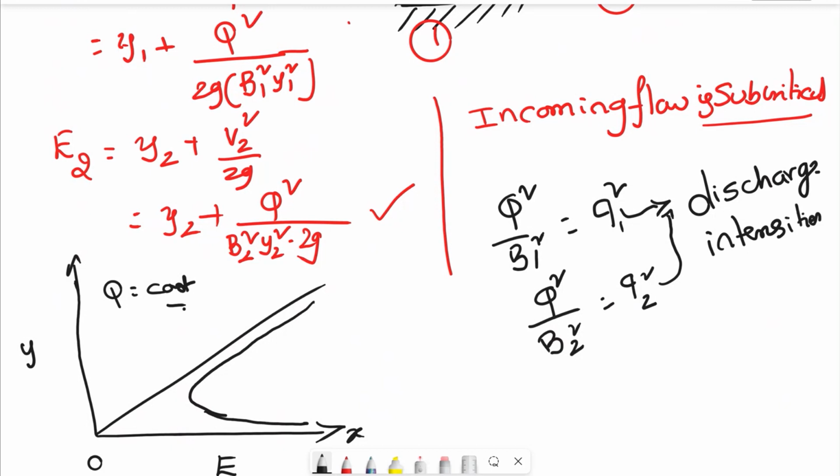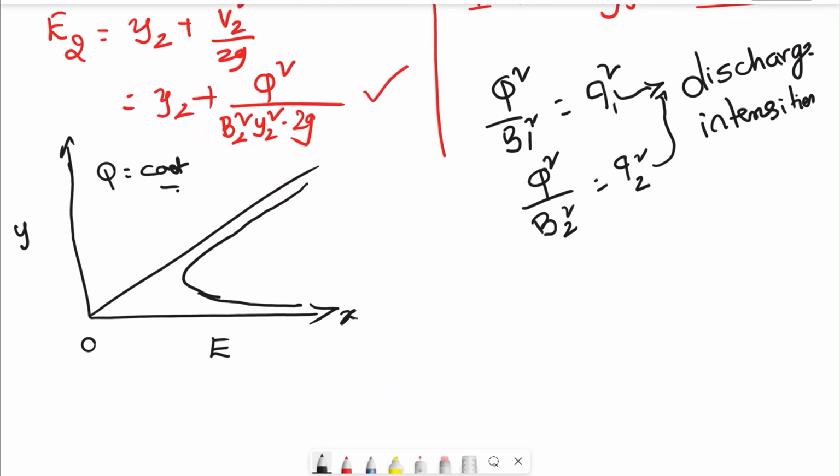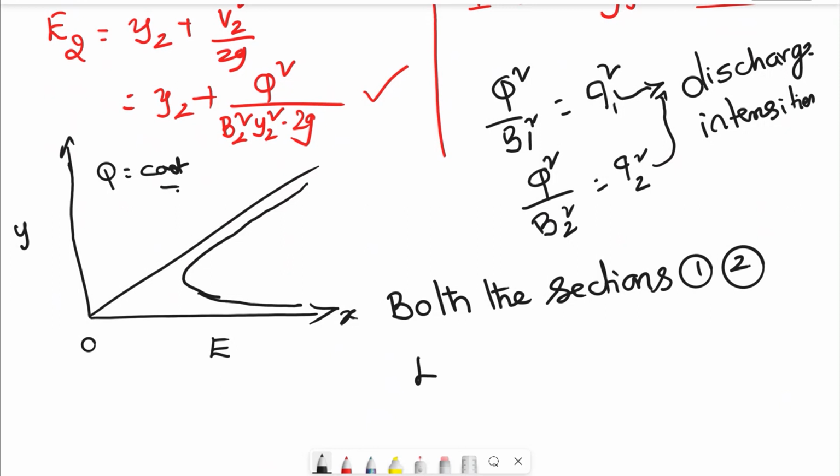Right? So for both the sections, 1 and 2, the specific energy E is constant.